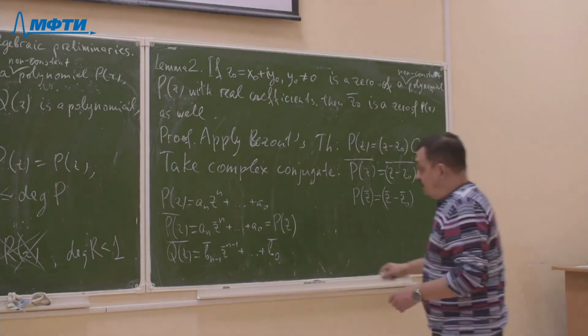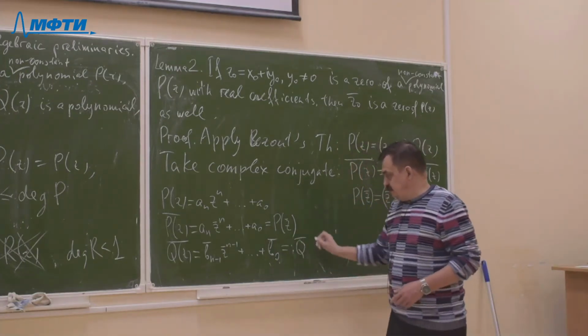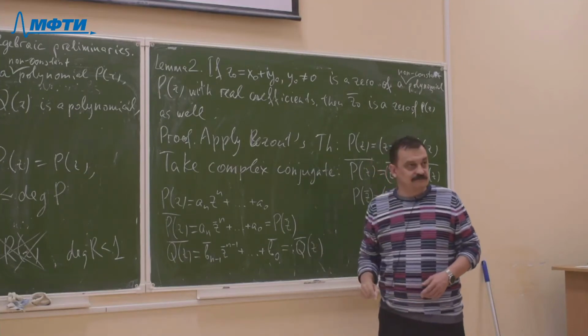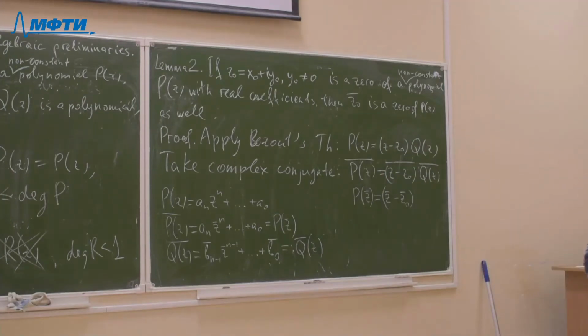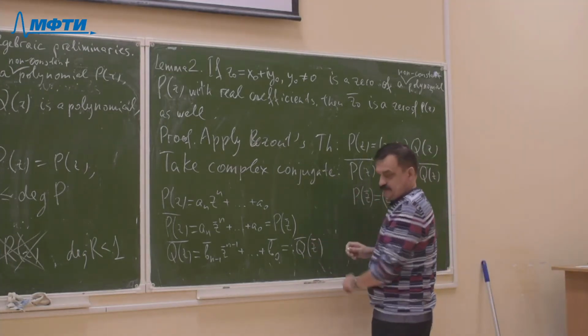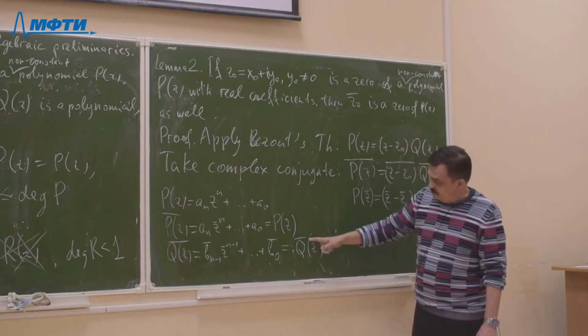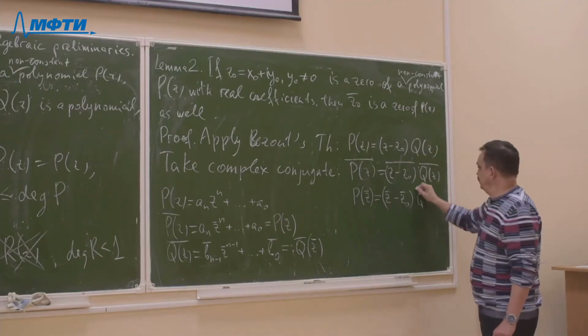And I'll denote it by a new polynomial, let's say q bar of z bar. So what is q bar? It's a polynomial such that every coefficient is replaced by its complex conjugate. So we take conjugate over each coefficient. And we substitute into this polynomial also conjugate, right? So that is a new polynomial. So I'll put it here.